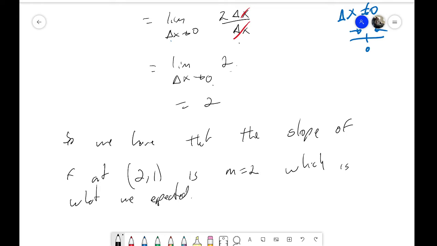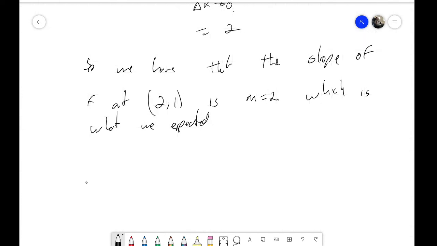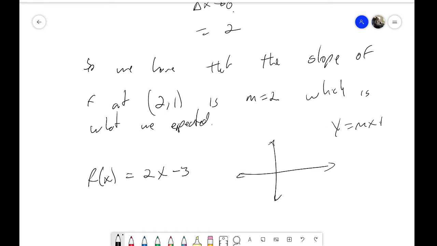Maybe you didn't expect this, but I did. And the reason why I expected that is because the function that we were dealing with, f of x equals 2x minus 3, is a line, a linear function. And remember, in the linear equation of the form y equals mx plus b, the m is the slope, so we know what the slope is right off the bat.